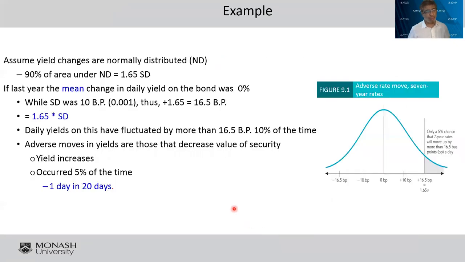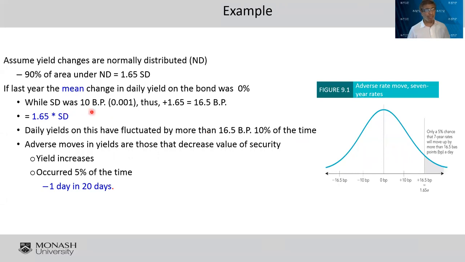Now come to our example. We are assuming 90% confidence. If the last year's mean change in daily yield on the bond was 0, which means we expect 0, so we don't add it to this change. This is the distribution of the yield.